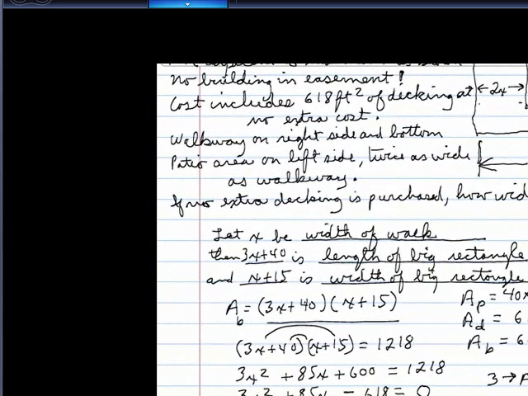Then take 85 and store that into the location called B, which you'll print using the alpha key. And then take the number negative 618 and store that into a location called C on your calculator.